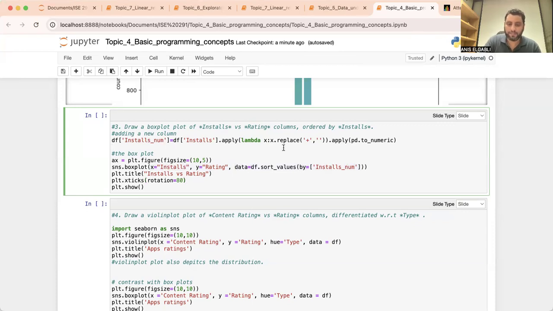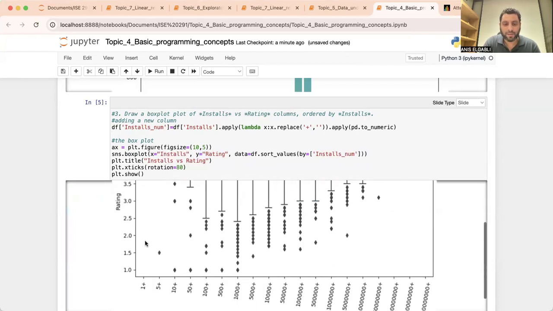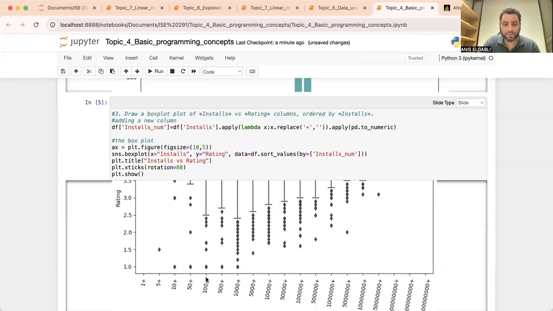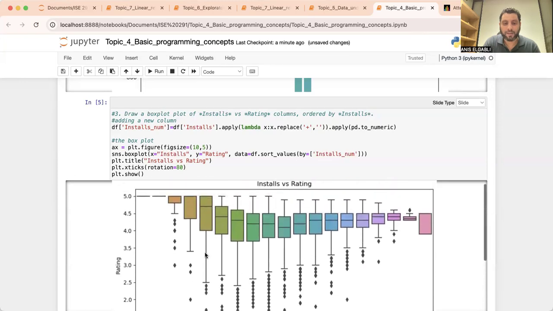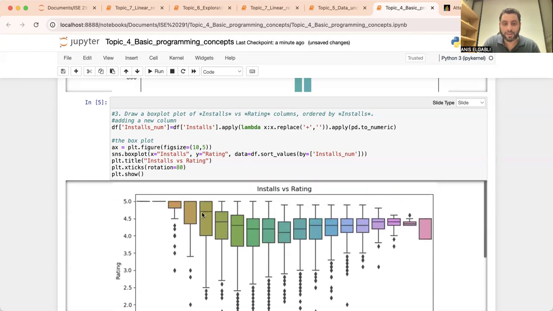Let's look at this here. This is it. For every category here, these are the different categories, 1 plus, 5 plus, for every category we plot the statistics. Let's look at this one. For this category, for example, the category of the applications that have been installed 100 plus, for the entries in which the installs value is equal to this, we are plotting the statistics of those.